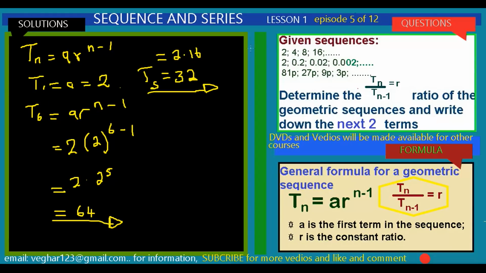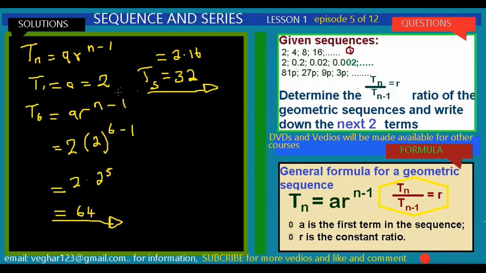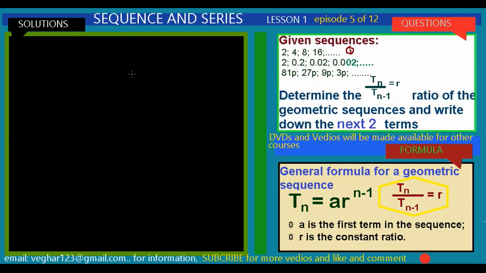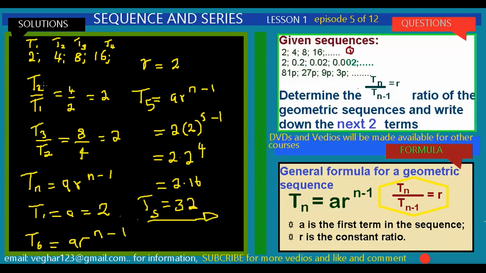So this is how you do question 1. They say determine the ratio, and we found the ratio. This is how you find it: term number 2 is 4, term number 1 is 2, and 4 divided by 2 is 2.